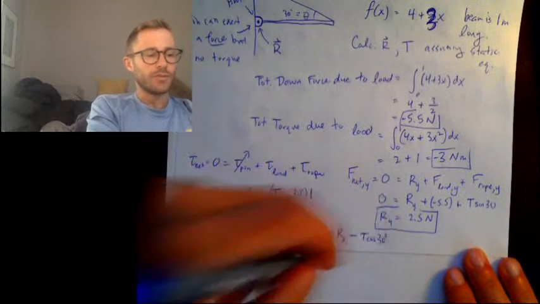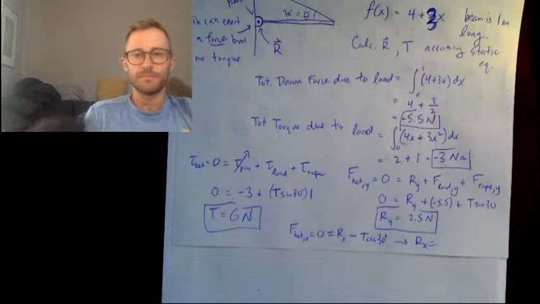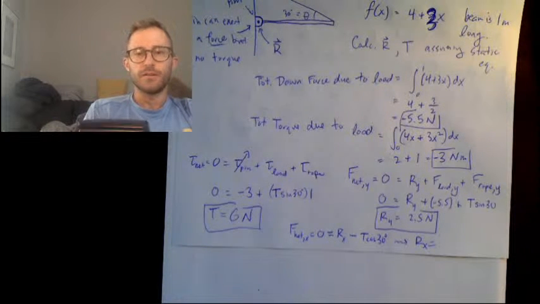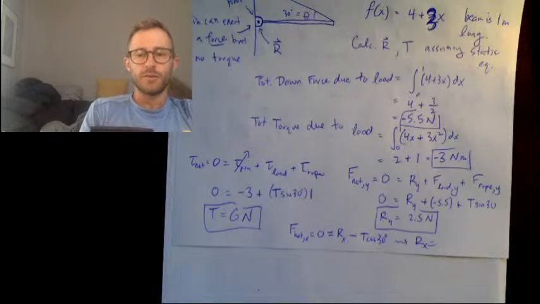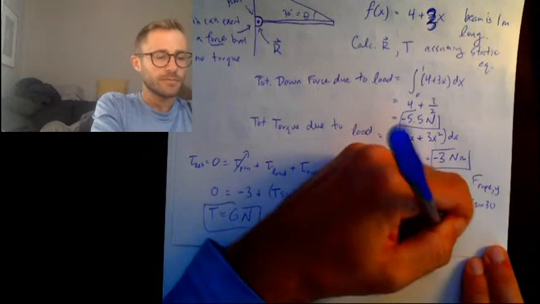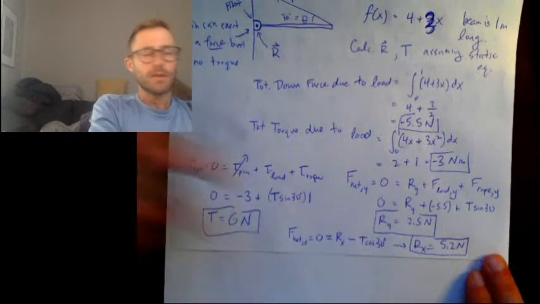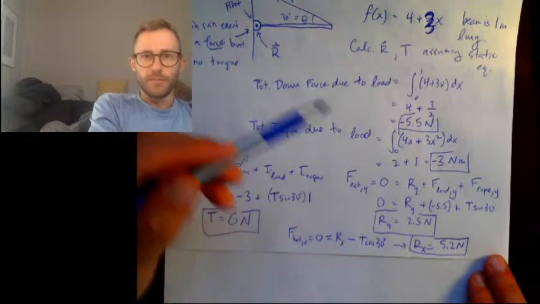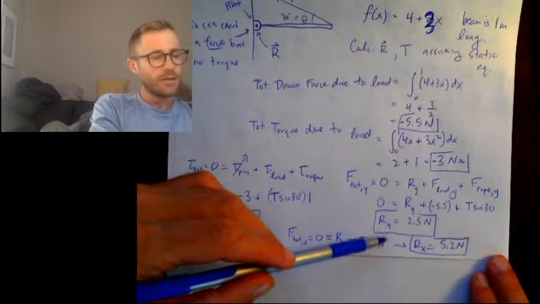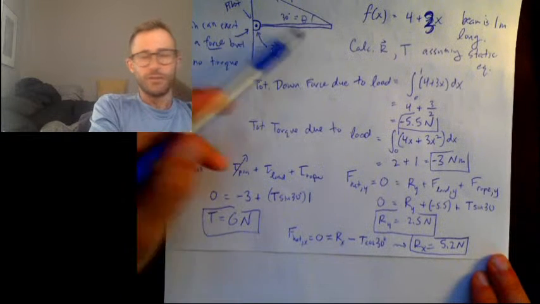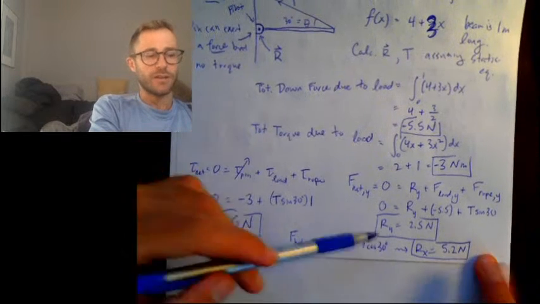If you solve this, you get that the x component of the force from the pin is 6 times cosine of 30, which is 5.2 newtons. So you get a force from the pin in the x and y direction, and you get a force from the tension, and that will put this beam in static equilibrium.